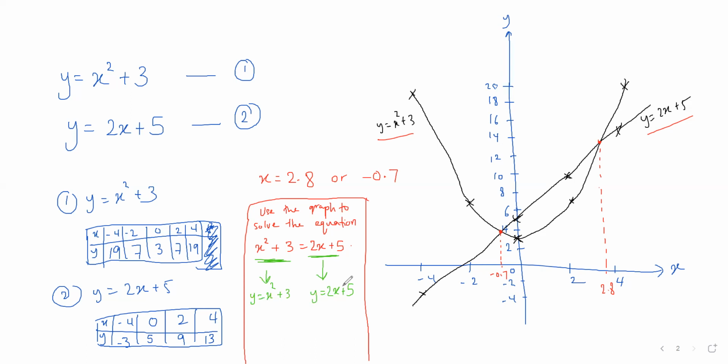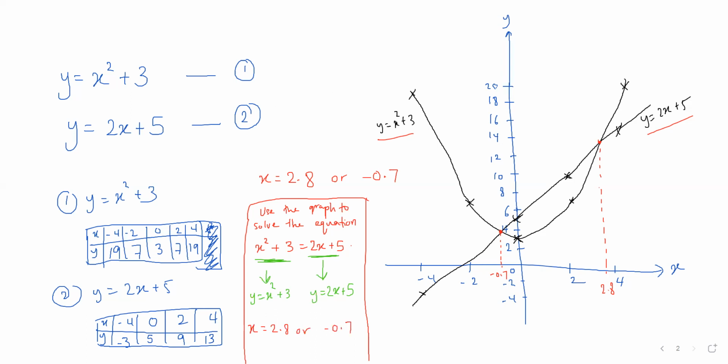So how do you do it? As we have done before, plot the tables for both graphs, or if you already have one of the graphs, you just need to draw one more graph, plot it, and then you can solve it. So why do we only need x, not y? The reason why we only need the x value and not the y value is because of the equation.